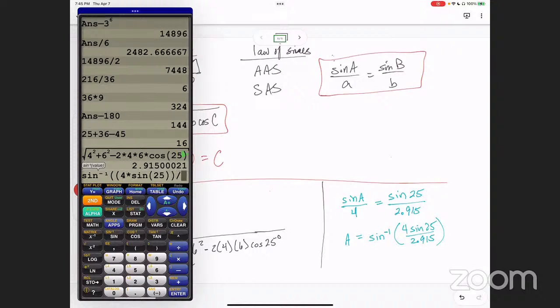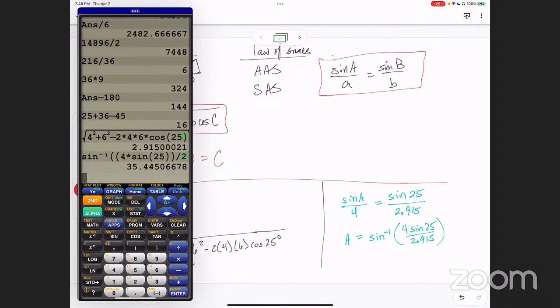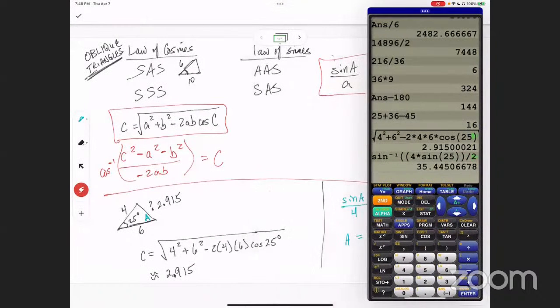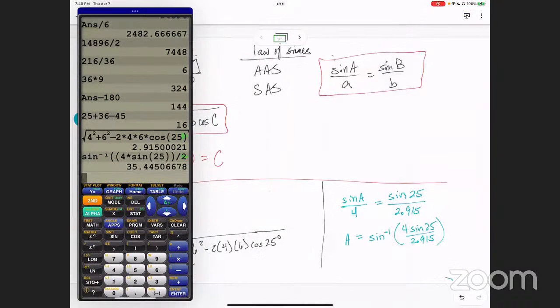So I put another parentheses there, divided by the denominator, which was 2.915. And my answer is approximately 35.45 degrees.